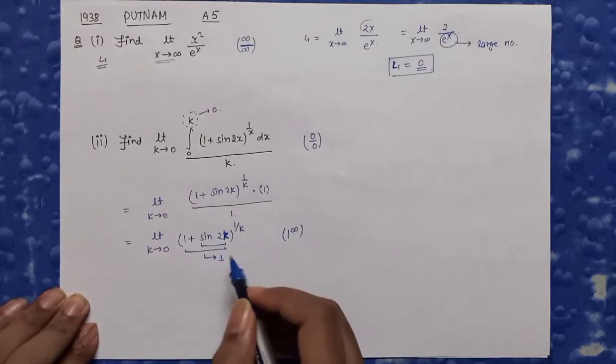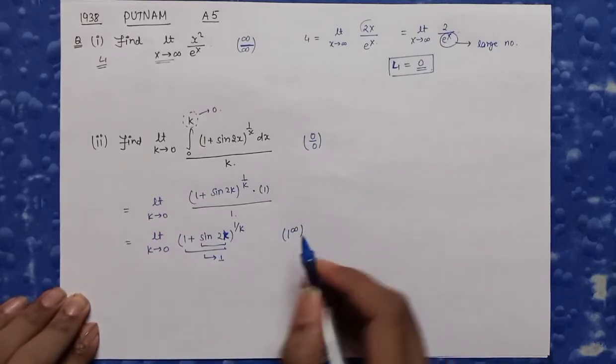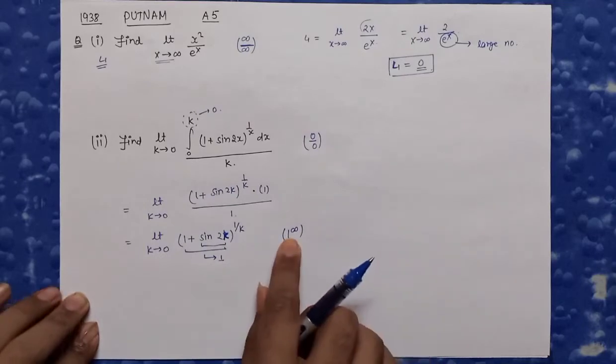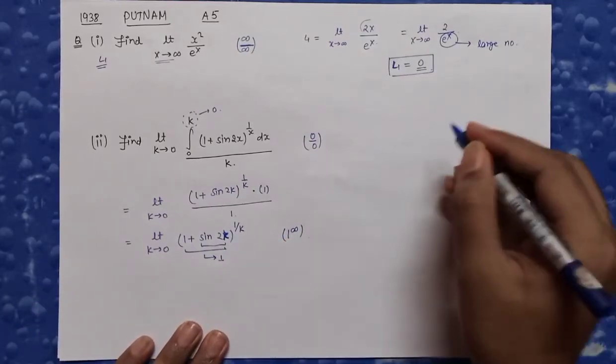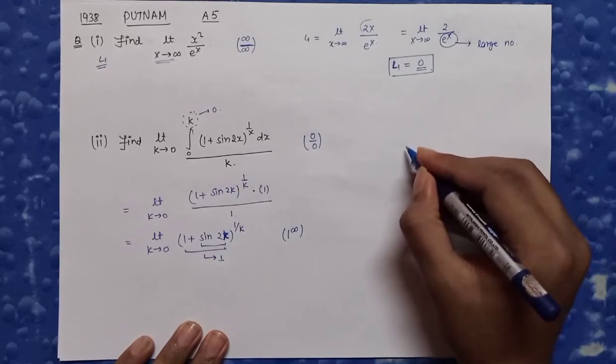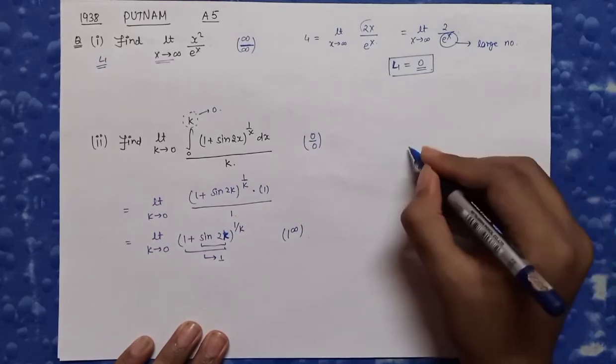Whenever the limit takes the form 1 raised to infinity, we use a formula which we have already derived in our studies. I am rewriting it here.